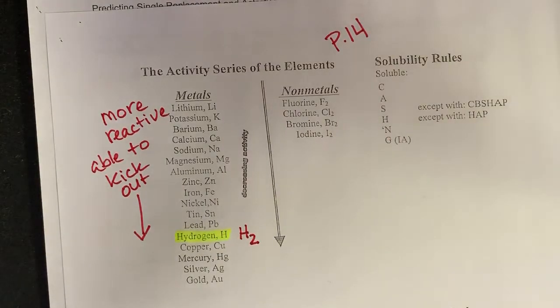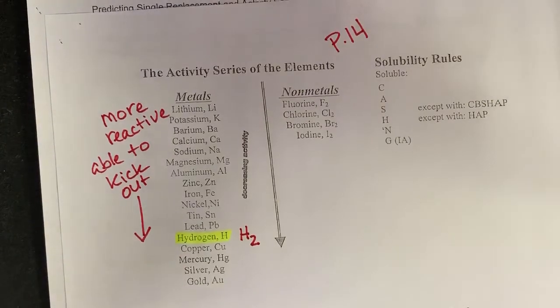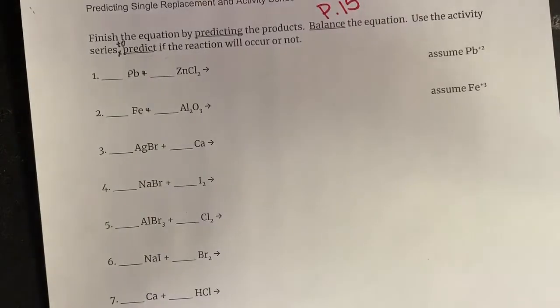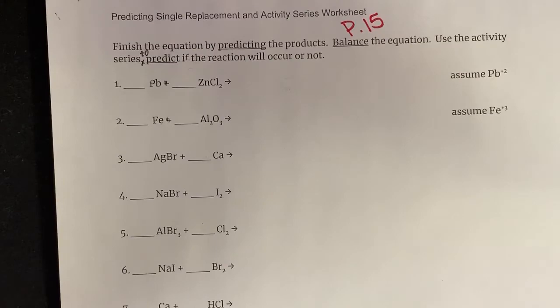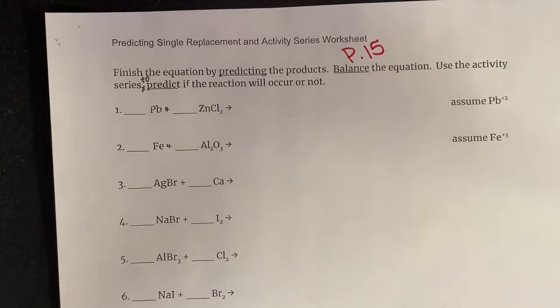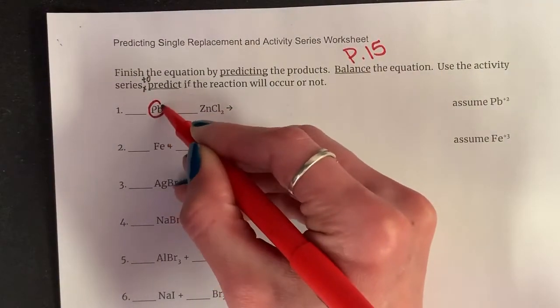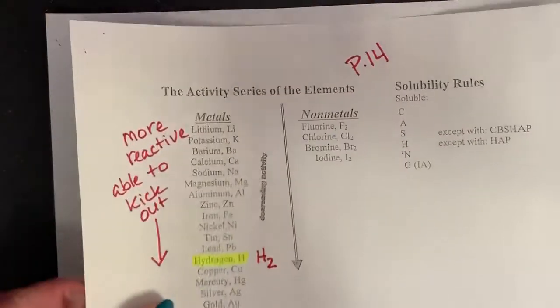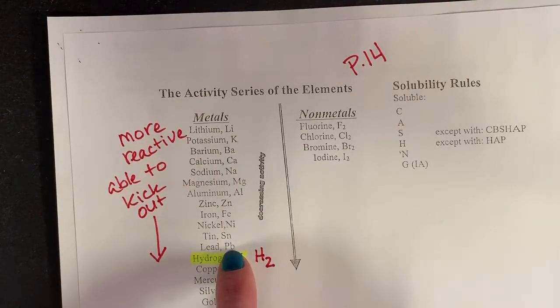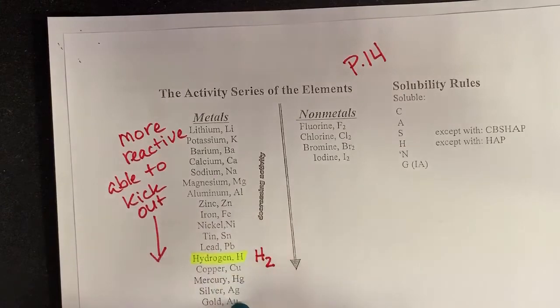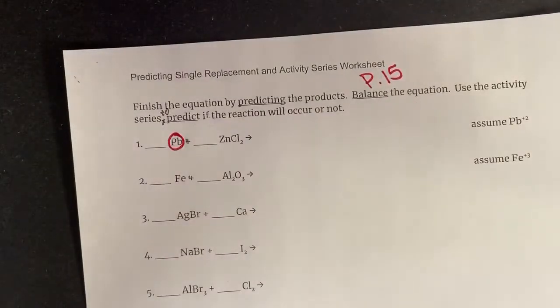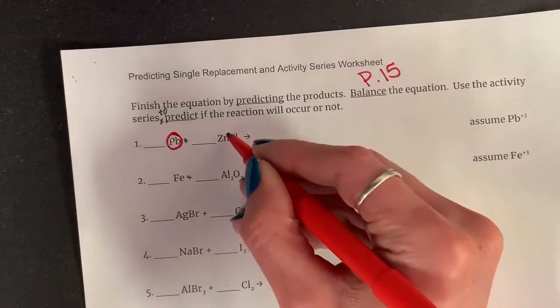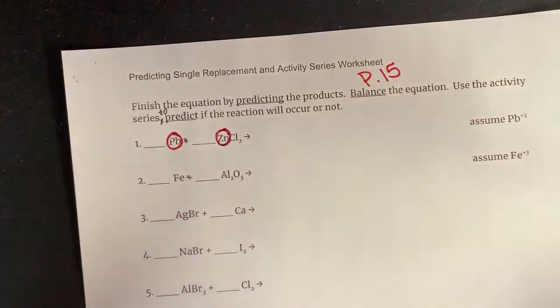Okay, so let's take a look at how this would work. On page 15, I've got a list of reactions. So in my first reaction, lead is the element. So if I look at my list, I know that lead is a metal, so he's going to be kicking out another metal. The other metal in this equation is zinc.